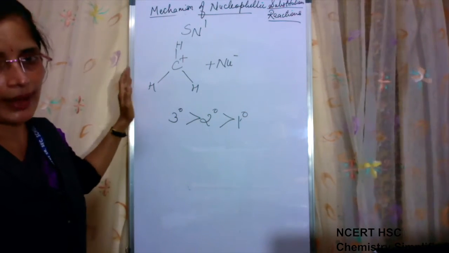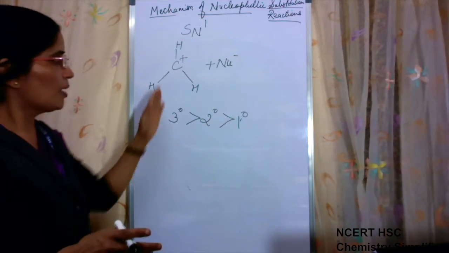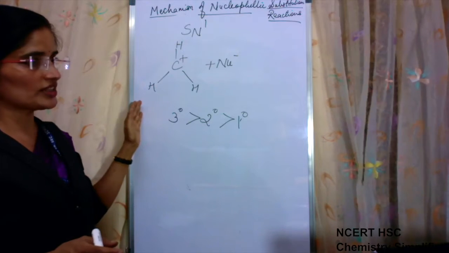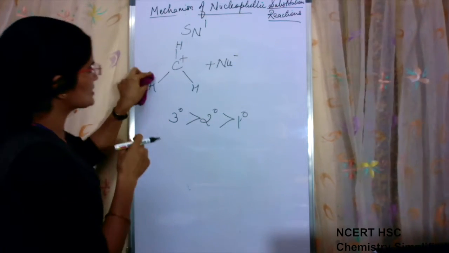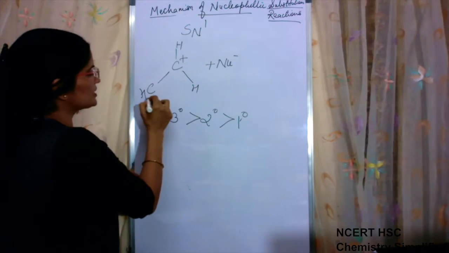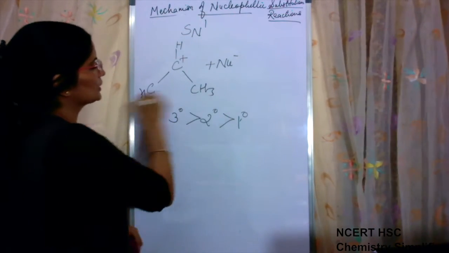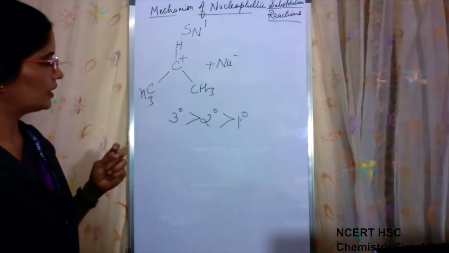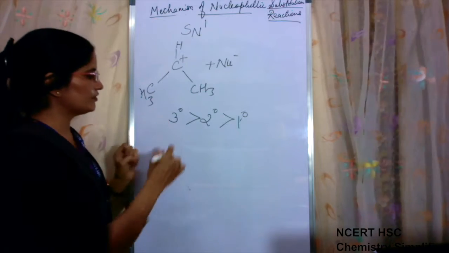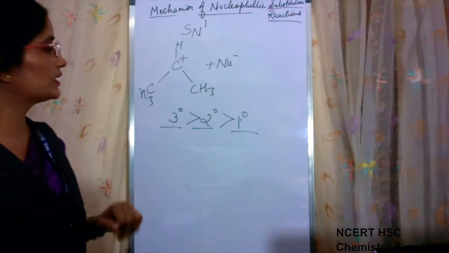This is because of more hyperconjugation structures, studied in class 11. The more hyperconjugation structures possible, the more the stability. Because instead of H, if CH3 is here, then we will have more hyperconjugation structures, because of which the stability will be more for 3 degree, then for 2 degree, and least for 1 degree.